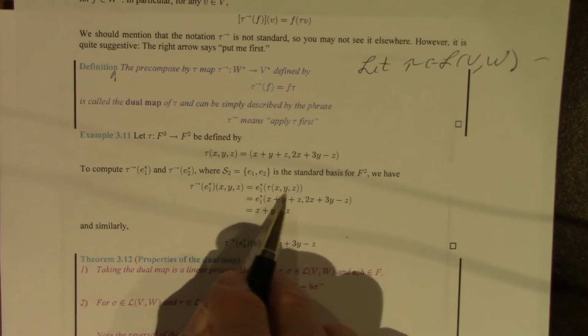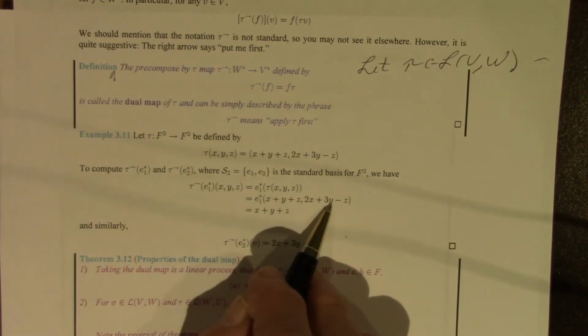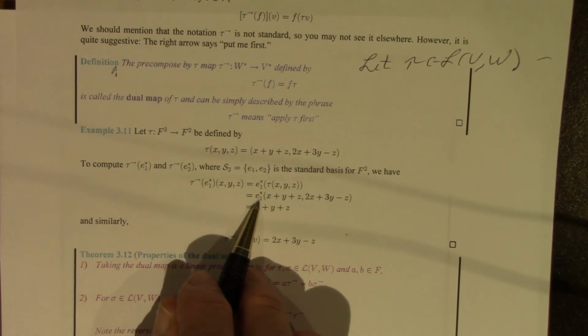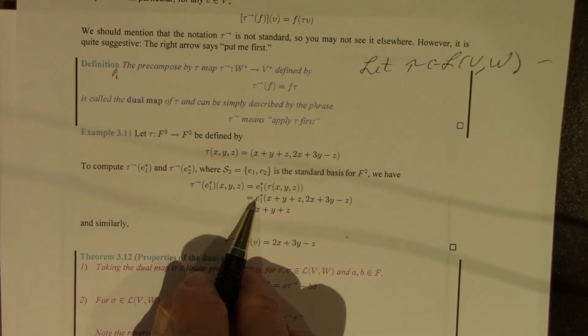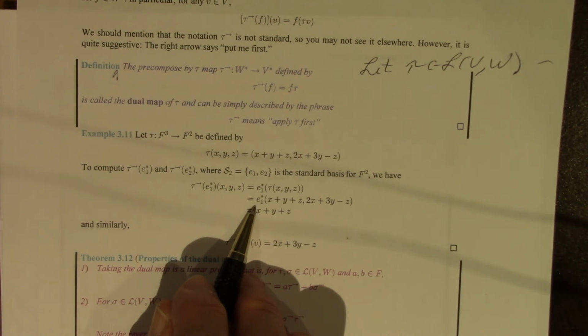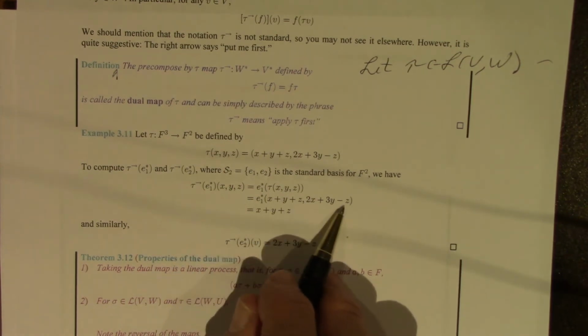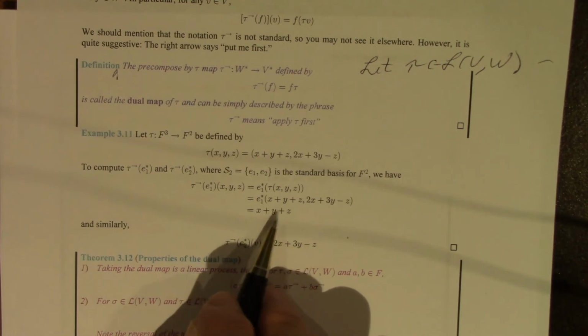First thing you do is you apply tau first, and tau of xyz is given right here. And what does E1 star do? It picks out the coefficient of, or component of, E1 in this vector. That's the first coordinate, x plus y plus z.